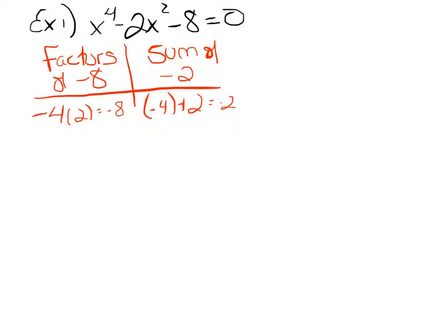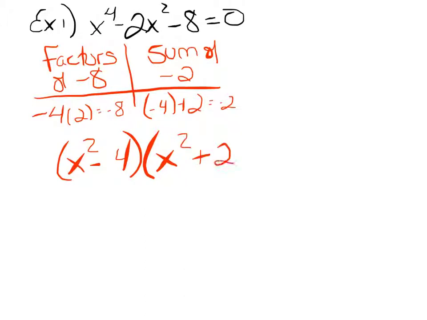So remembering that because it is x to the 4th, I cannot put the x in front of each of my factors. I must put an x squared minus 4 and an x squared plus 2. Because my original function was equal to 0, I need to bring that 0 down, and this is still equal to 0.